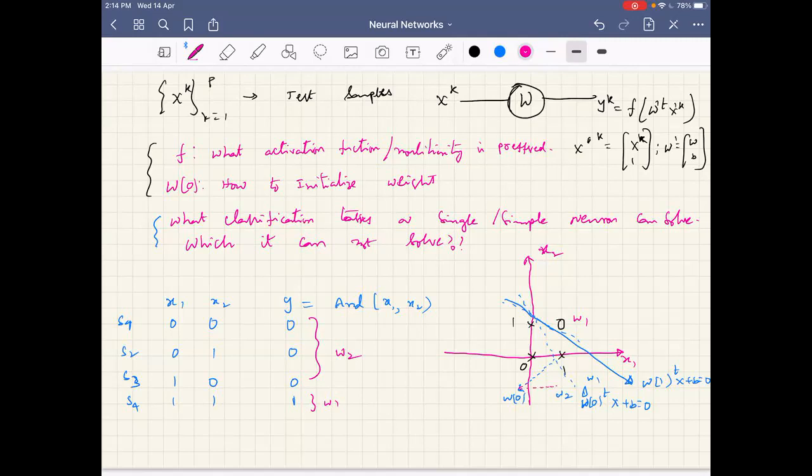The algebraic sum of them will give rise to the new W, something like this.